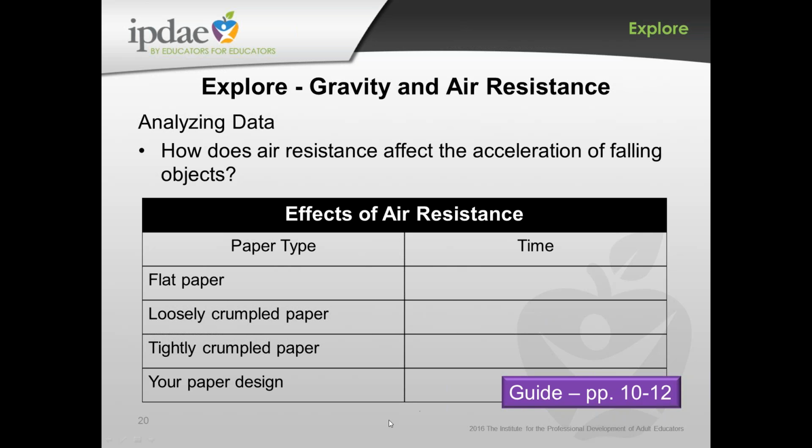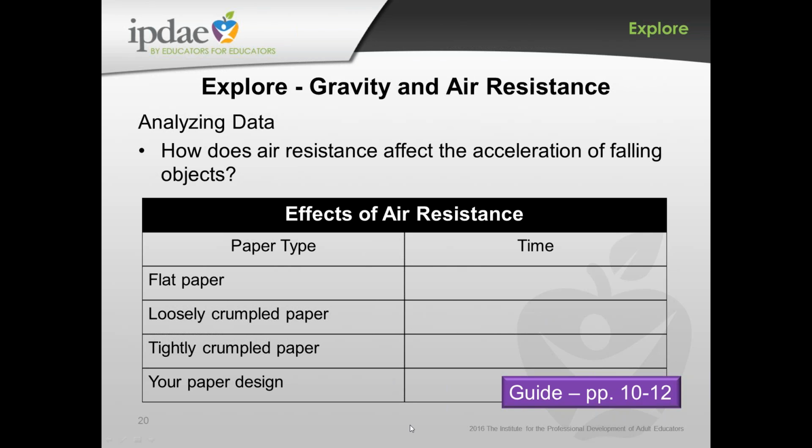The idea is to understand what air resistance does to different types of paper, whether it's flat or crumpled up, and students get to use their own imagination and creativity and develop their own design. And you'll see that that's included also in the guide, pages 10 and 12.